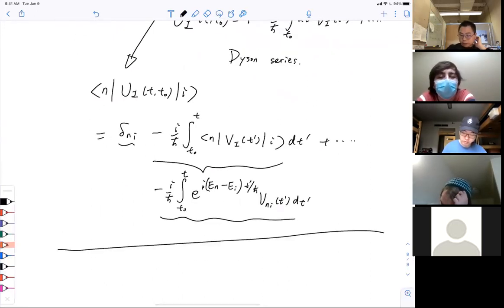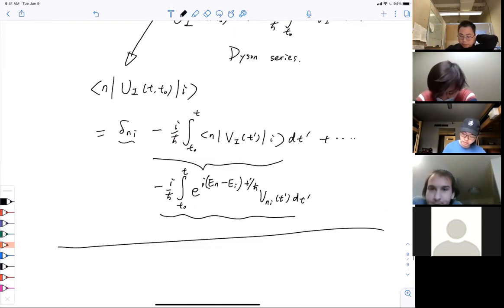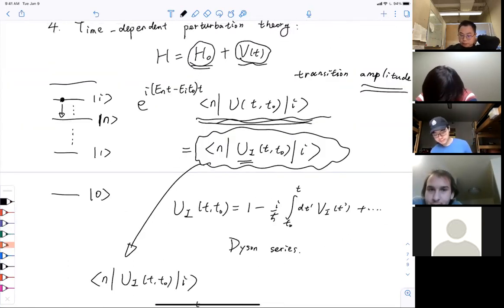Of course, there are many concepts related to this topic, like Fermi's golden rule and some formulas, but the starting point is what I'm saying here.